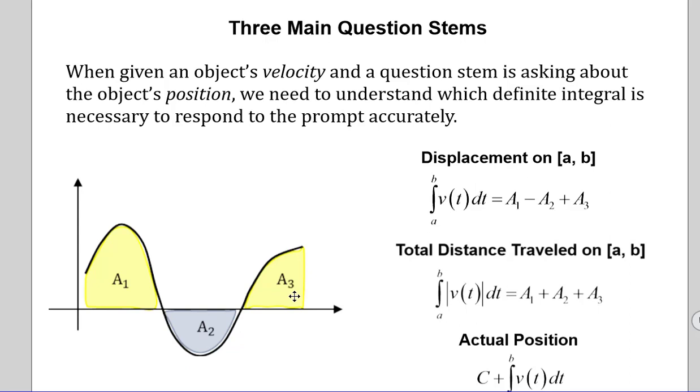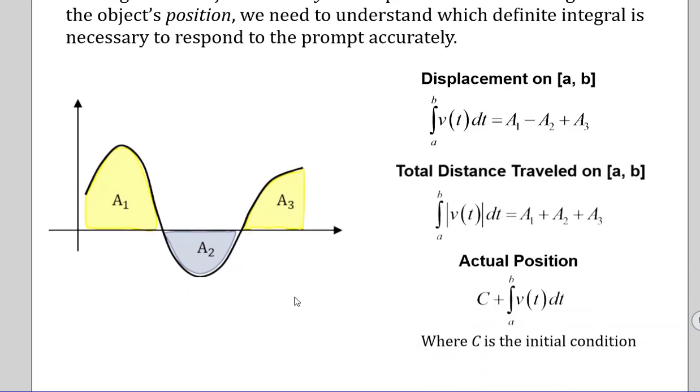All right. And then the last thing is actual position. Okay. So start to think, and please make sure you pay attention to the notation here for the integrals. For displacement, just the integral from a to b of v of t dt. All right, when you see that, you can think displacement when we're dealing with velocity and particle motion problems.